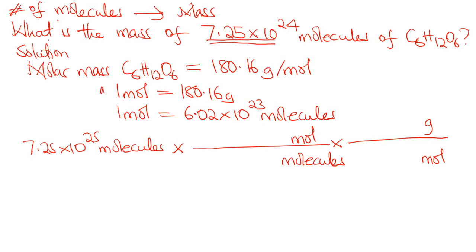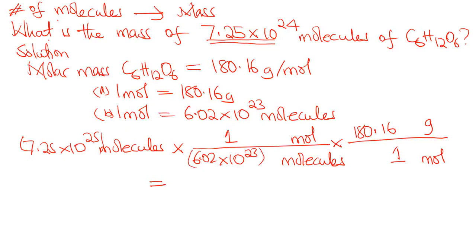So we have used the two conversion factors, A and B. So molecules go with 6.02 times 10 to the power 23. Here it goes with 1. Here it goes with 1. Up here it goes with 180.16 grams. When you do the math, make sure that you are putting these in parentheses so that you don't mess up the calculation.